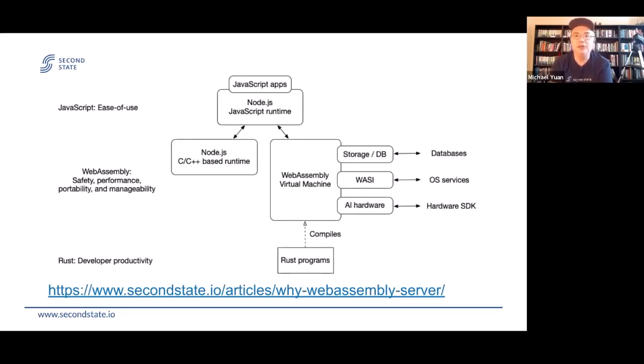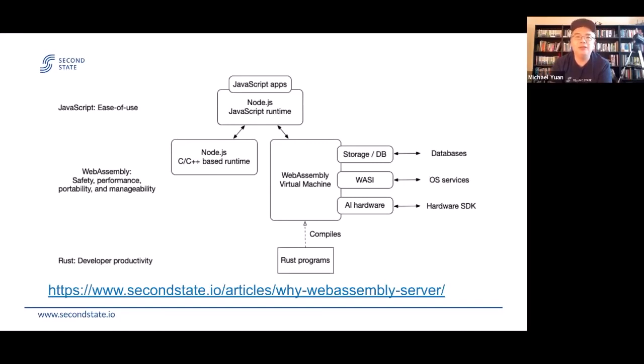So for instance, this could be a complete task of image recognition or face recognition. The Node.js runtime just passes the image and the model to the WebAssembly runtime, and it would do file system access, access the GPU, and do all that magic. And this particular WebAssembly virtual machine code is compiled from a Rust program. So developers write two pieces of software.